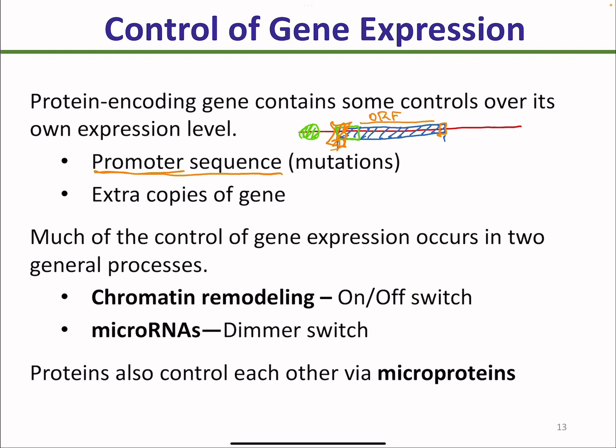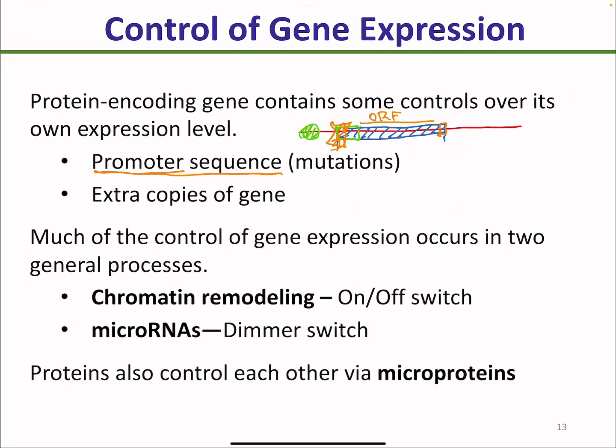So you have transcriptional factors that are going to play a very important role. And these transcriptional factors are going to bind on the promoter sequence, right? Or before the promoter sequence. So they're going to either activate gene expression or shut off gene expression, all right?